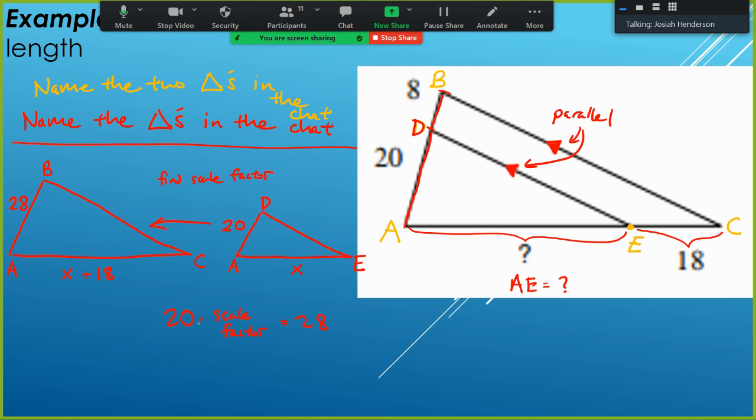Divide by 20. It's 20 times the variable for scale factor, so we have to divide both sides. Remember, anything divided by itself, 20 over 20, is 1. We can cancel that out. So scale factor is this terrible looking fraction, 28 over 20.